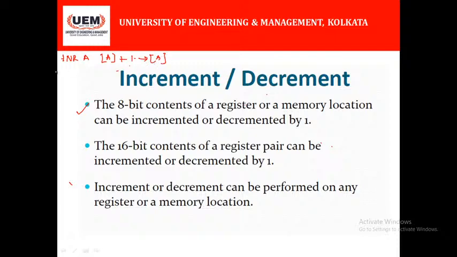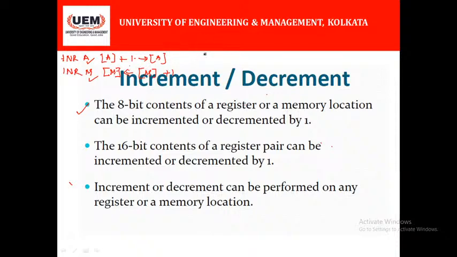In INR M, the value of the memory location M is incremented by 1, and the result is stored in the M location. So here we are incrementing register content, and here we are incrementing the content of memory location M.